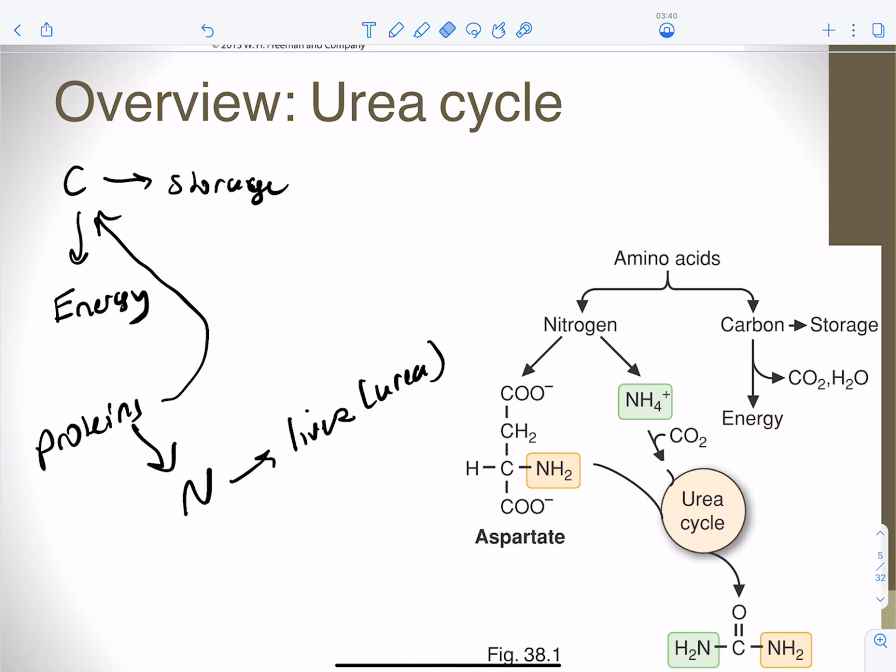Now, glutaminase, sorry, should be kidney. Glutaminase in the brain is going to synthesize glutamate. And in the kidney, it's going to be an acid-base balance. So it's a buffer.